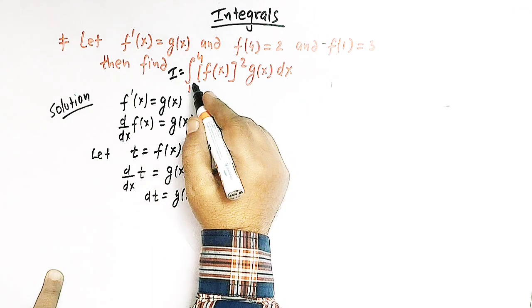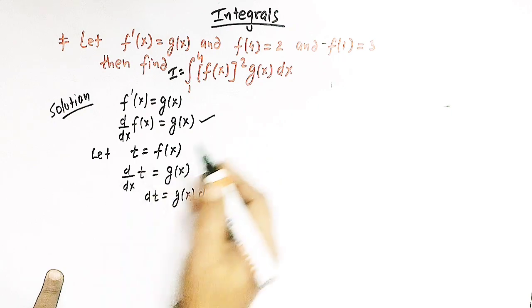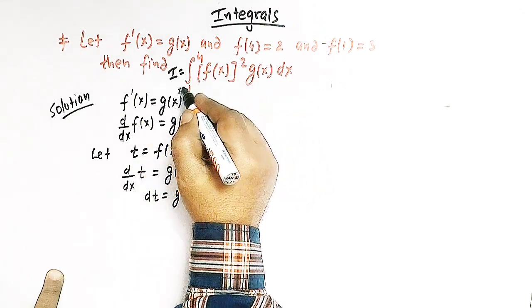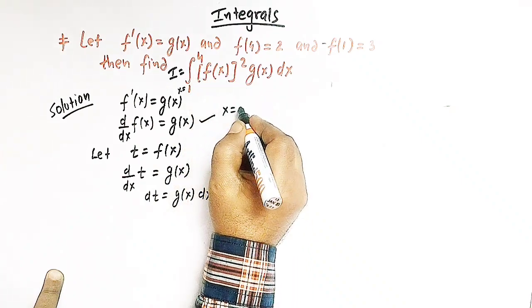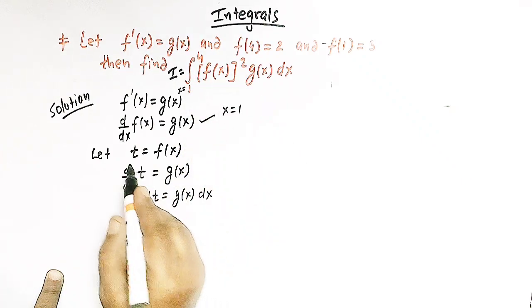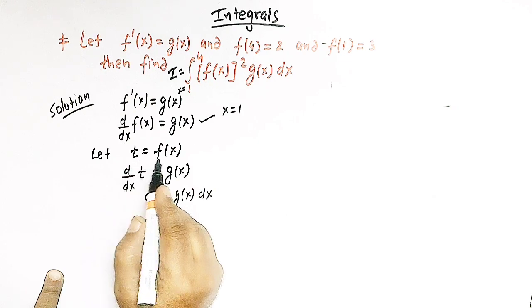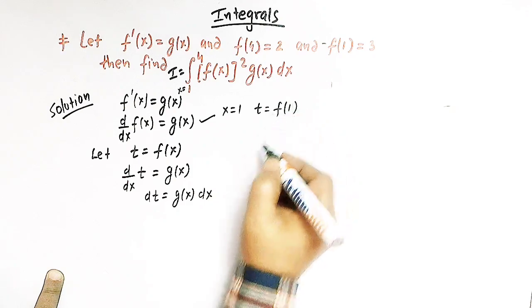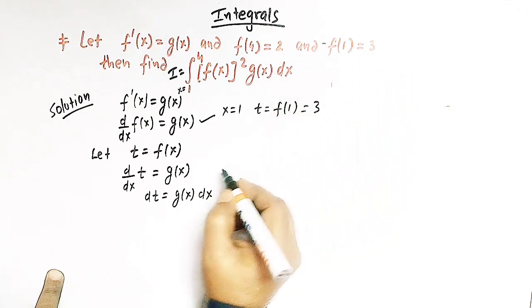And this integral can now be written in terms of t, and let us first change the limits. Here the limits of integration vary from 1 to 4. When x is equal to 1, the value of t is f of 1, and f of 1 is given as 3.